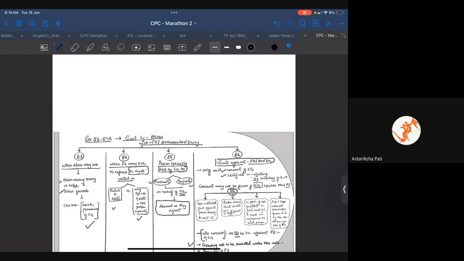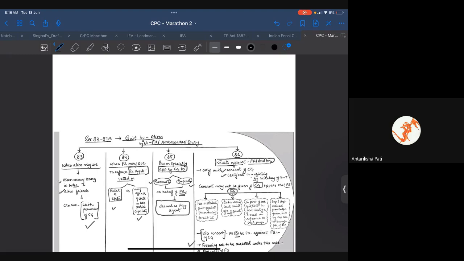Now, foreign states may sue to enforce private rights vested in the ruler of the state or any officer of the state in his public capacity. Section 85 says that persons specially appointed by the central government to prosecute or defend on behalf of foreign rulers will be deemed recognized agents and they may also sue.